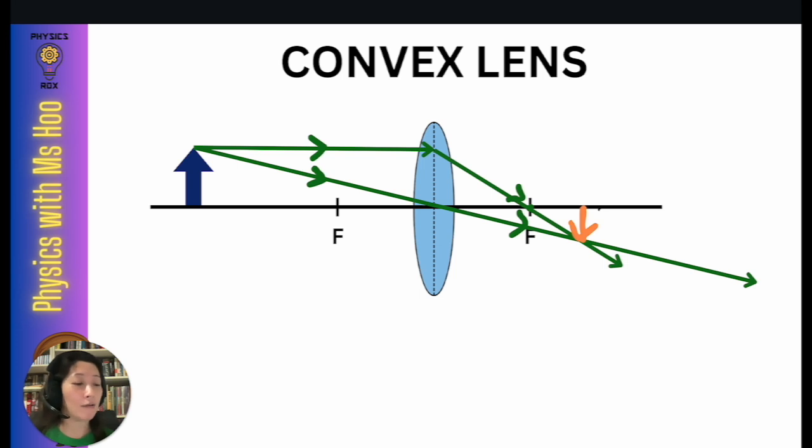So I'm just going to write that over here in terms of your guidelines. Regardless of wherever the object is placed, whenever you want to draw the ray diagram for the convex lens, remember to draw these light rays.